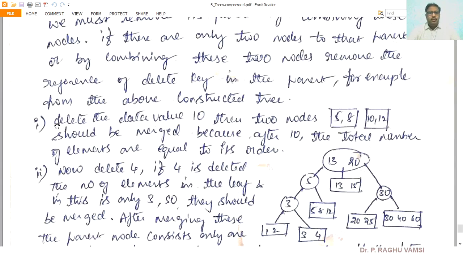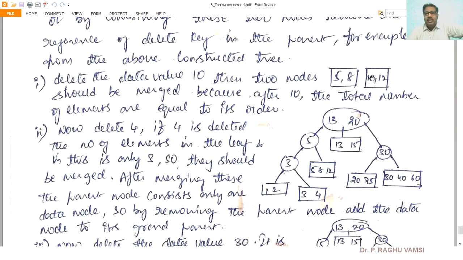This is the above constructed tree that you might have written on your paper also. From this tree, delete the data value 10. Two nodes, 5, 8, 10 and 12, are there. Whenever you delete the data value 10, its parent should also be deleted and replaced with 12.